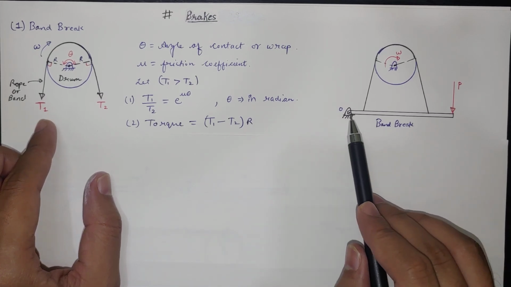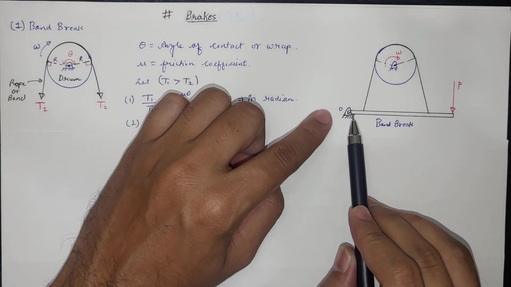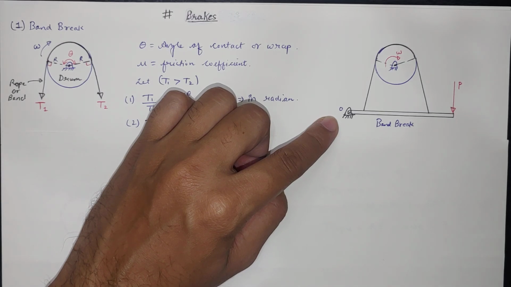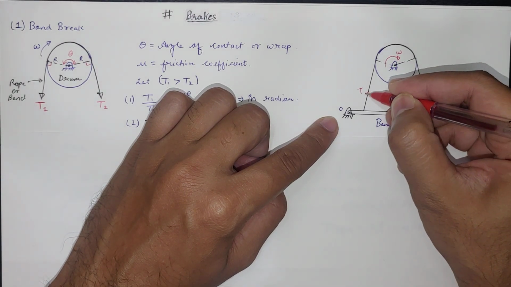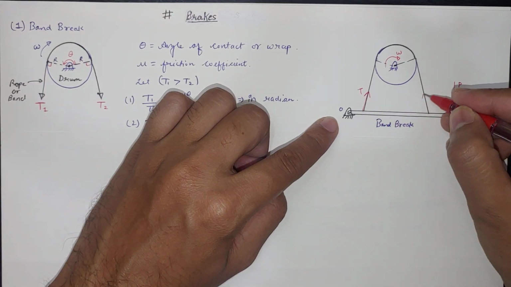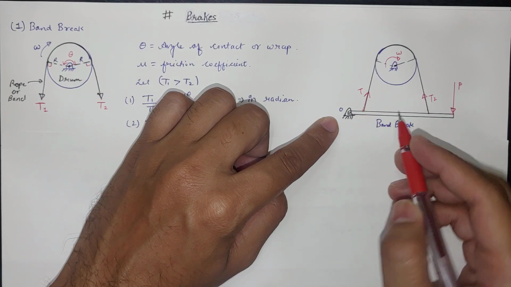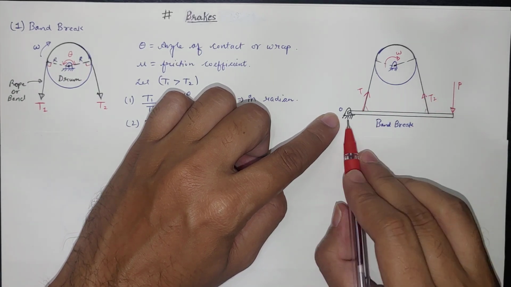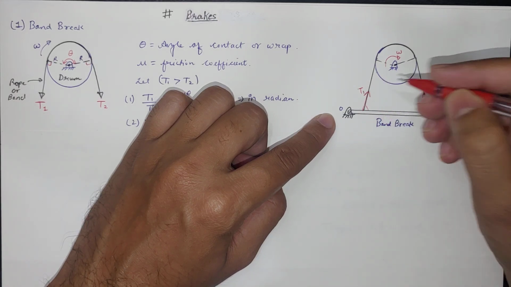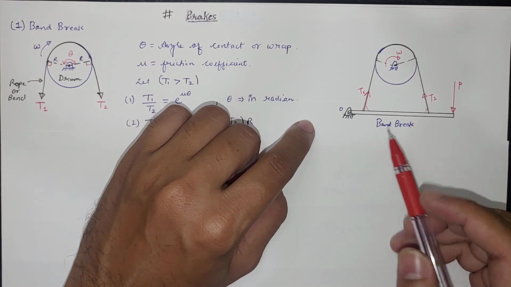Now we can also analyze this lever by simply taking moment at point O. If we draw the free body diagram of this lever, with tension T1 here and tension T2 here, and if we know the particular angles, this angle and this angle, we can take moment at O and we can find the relation between T1, T2 and P. So this is how we can find it by taking moment at O.